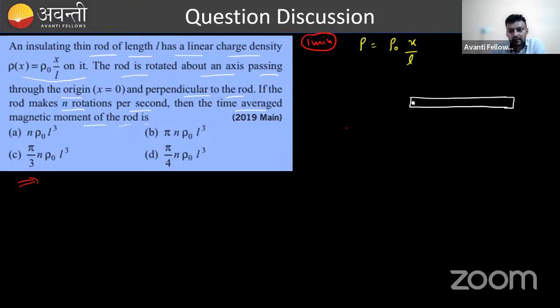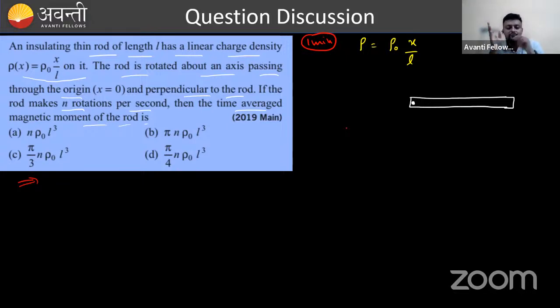Rho naught X by L. This is the charge density of the rod. Now, let's suppose this is the rod and it has some charge. If this rod rotates, can you see that it is forming some current loop? And if it is forming some current loop, there must be some magnetic moment as well. That magnetic moment I need to calculate.